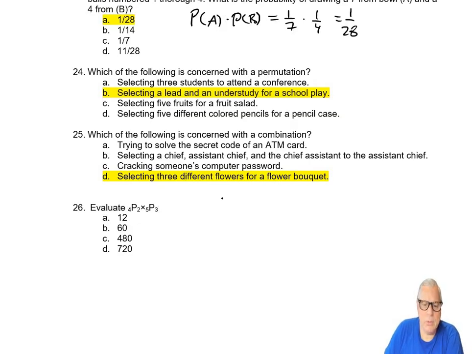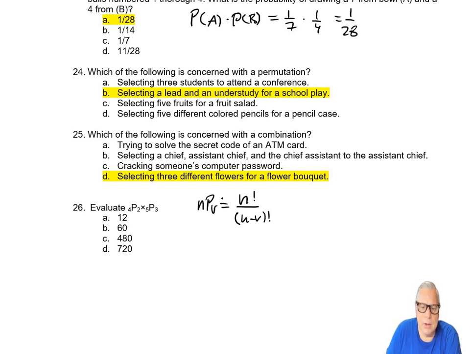Okay, evaluate 4 choose 2 permutations. So let's write that down: 4 choose 2, but permutations. Again, for permutations, the formula for n choose r is n factorial over n minus r factorial.